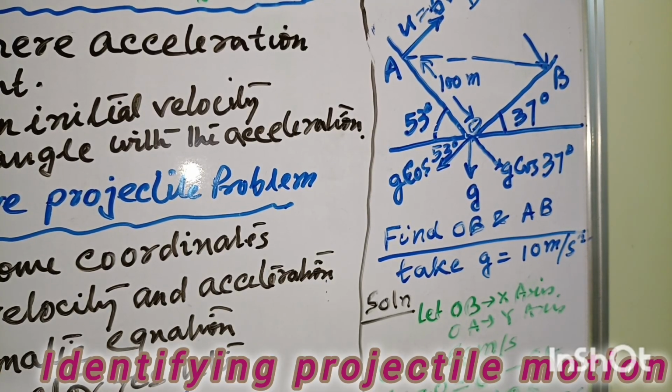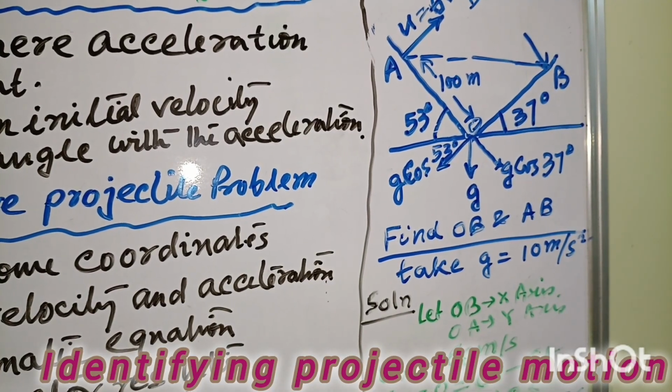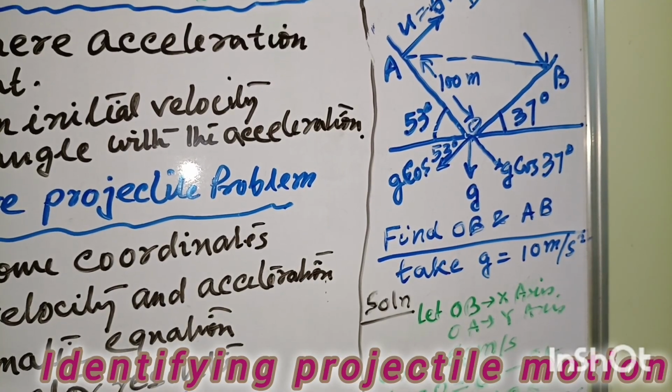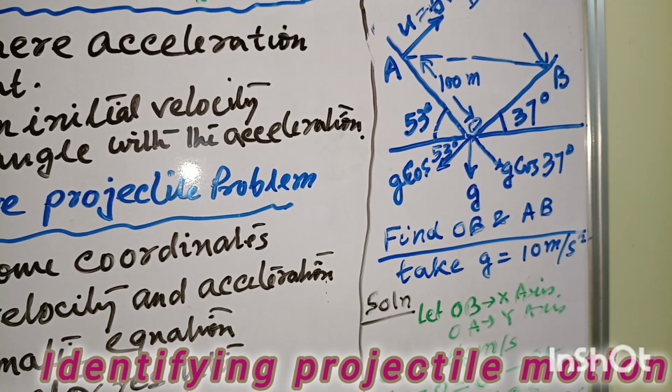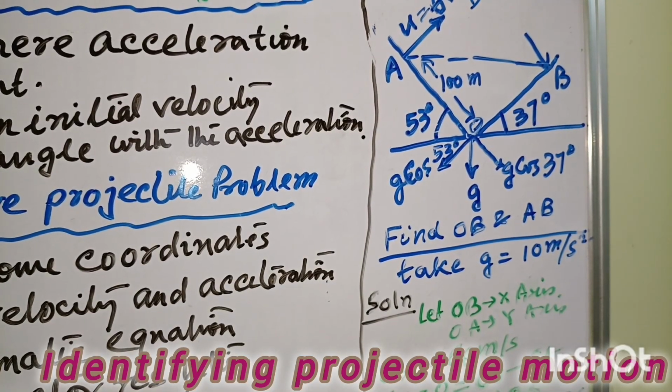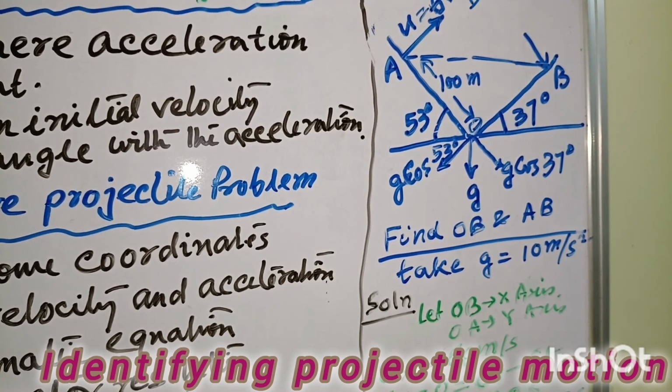Along the x-axis it is g cos 53, along the y-axis it is g cos 37. Now initially u was along the x direction and finally that x component is absent at B, that means ux becomes 0 when it falls to B. So let the time be t.